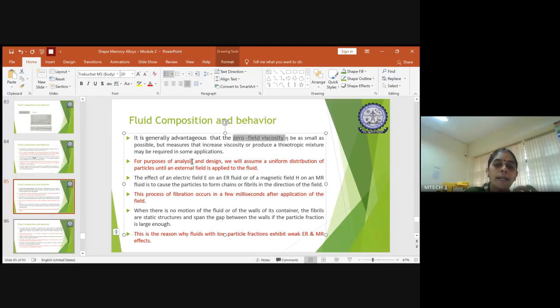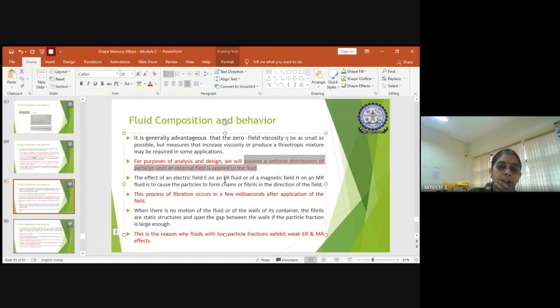For all the analysis and design of the smart fluid, we will always assume the particles are uniformly distributed until they are subjected to an external stimulus. The external stimulus here is nothing but the electrical field or the magnetic field.